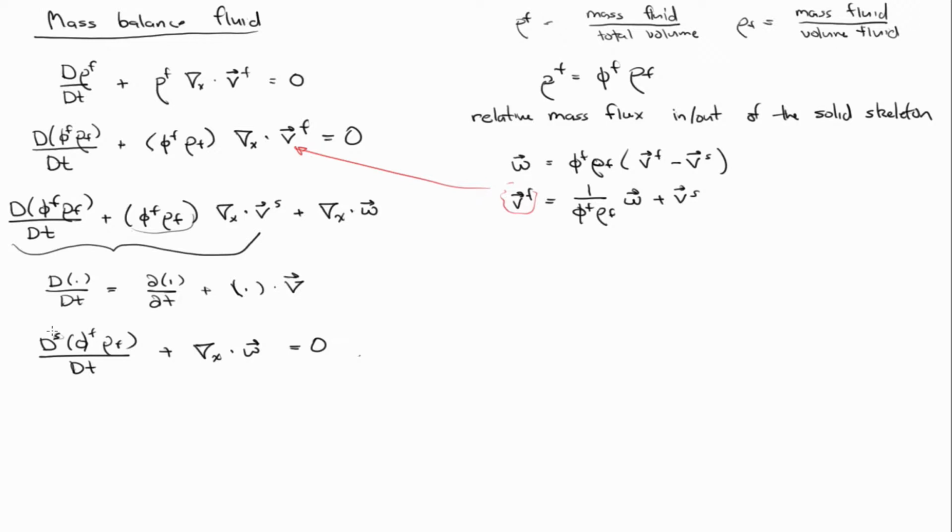From here forward, I just want to make the point that the material time derivative is defined on the back of the solid skeleton. So the convective term has the velocity of the solid in it when we're talking about the material time derivative for the rest of what we're going to do here. So also remember, this is the pointwise conservation of mass that is equivalent to saying this, right?